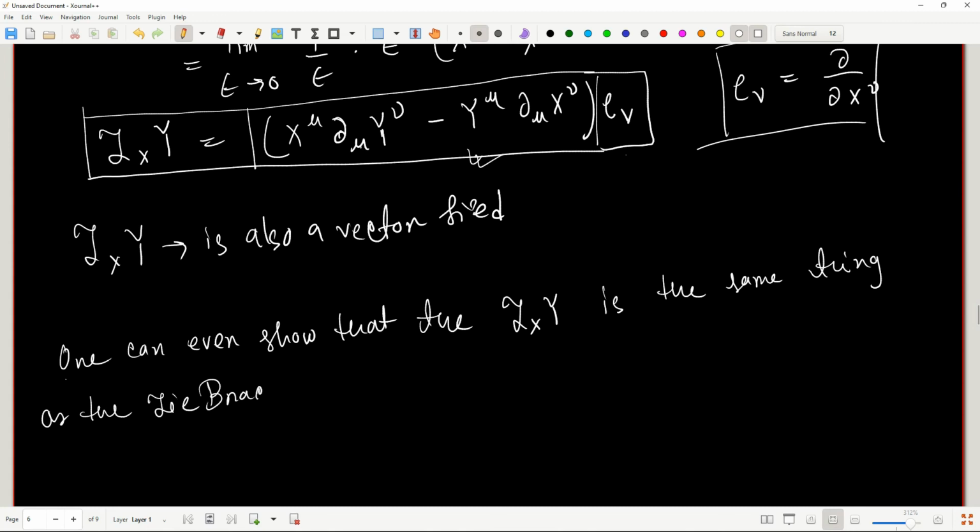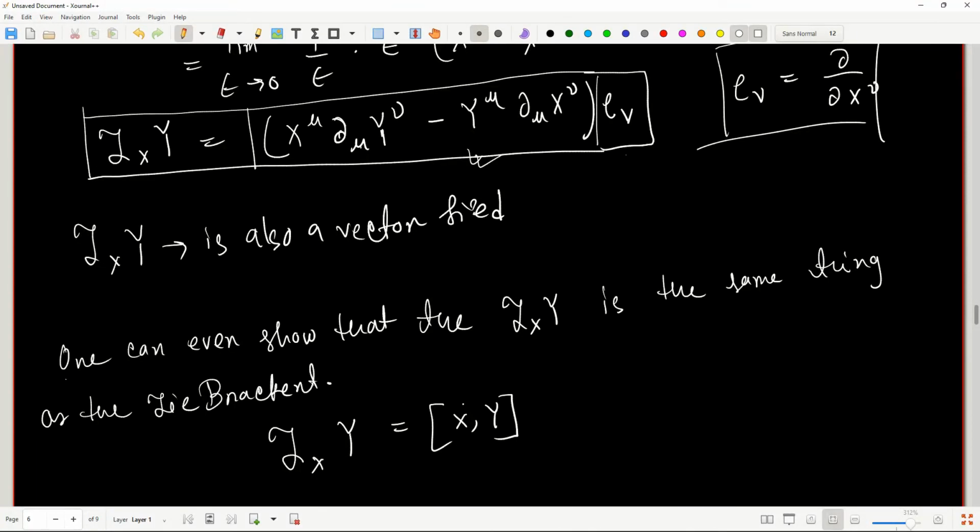That means if you want to compute the change of y along the flow of x, you can just take this commutator and be done with it, where x and y are both vector fields.